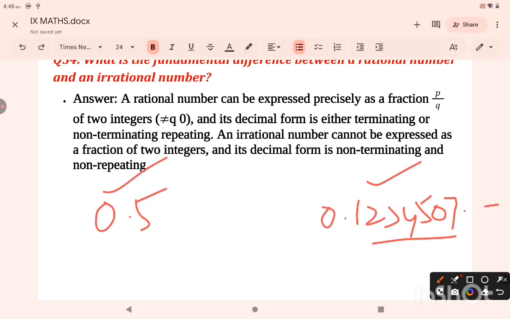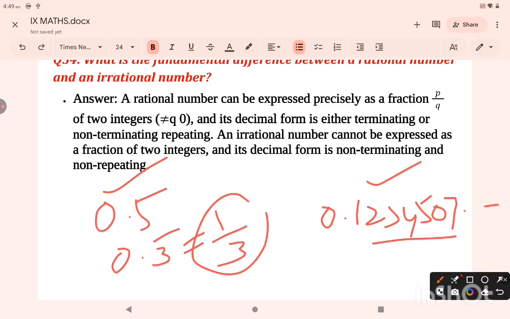Therefore, this is a rational number. 0.3 bar is a non-terminating repeating decimal. This can be expressed in the form of p by q. So this is equal to 1 by 3. So these are the major differences between rational and irrational.